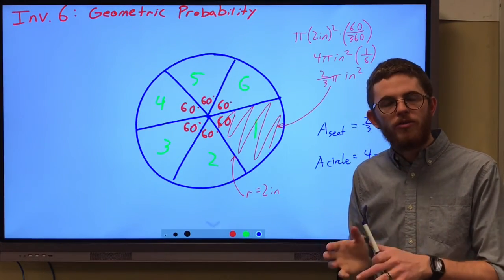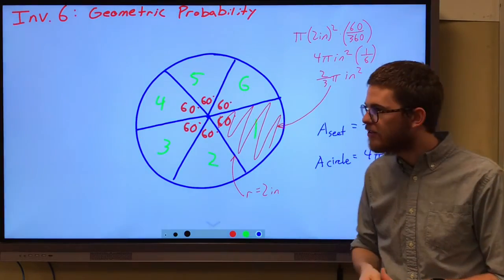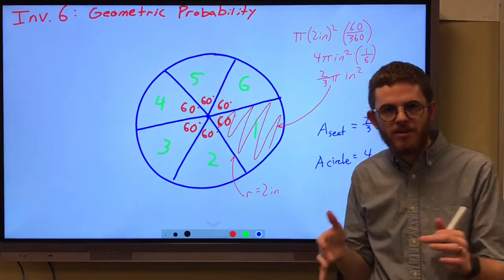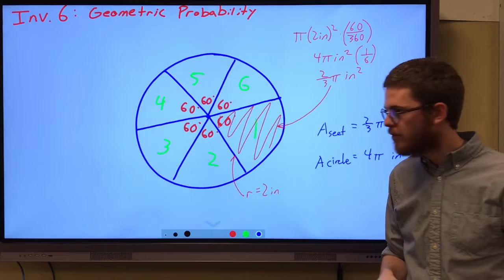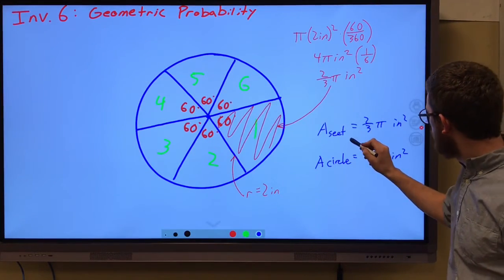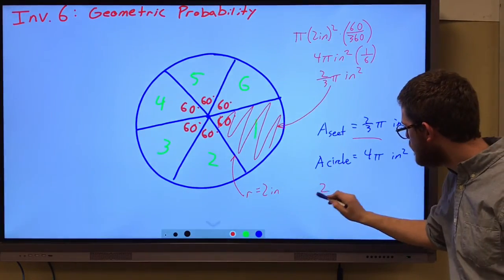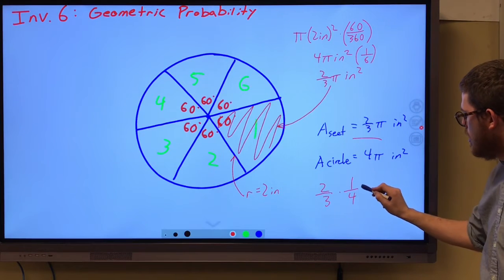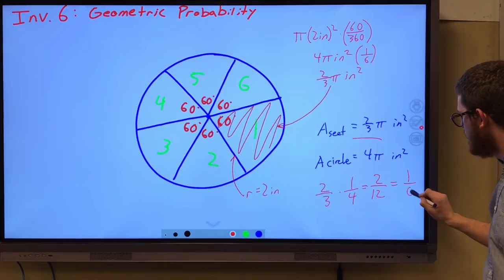The number of desired outcomes divided by the total number of outcomes. Well, in this case, the area of our desired outcome divided by the area of our possible outcomes. 2/3 divided by 4. Desired over total. 2/3 divided by 4, that's 2/3 times 1/4. That gives me 2/12, which comes out to be 1/6.